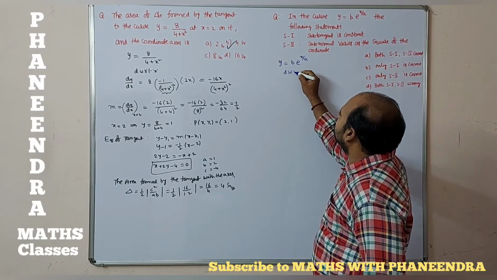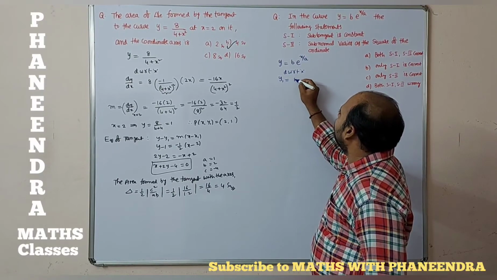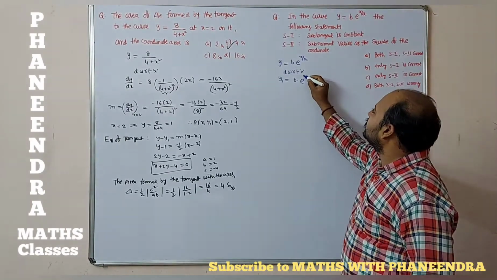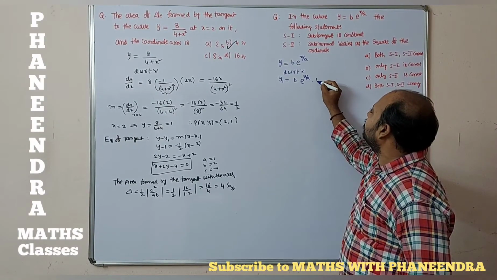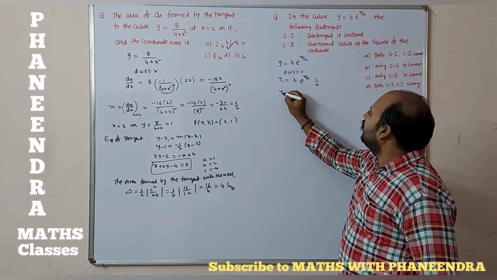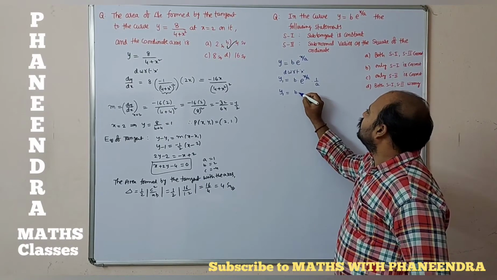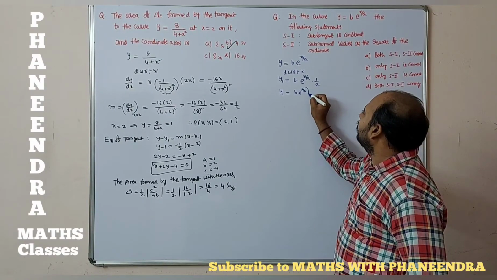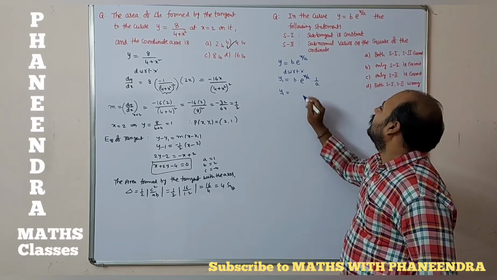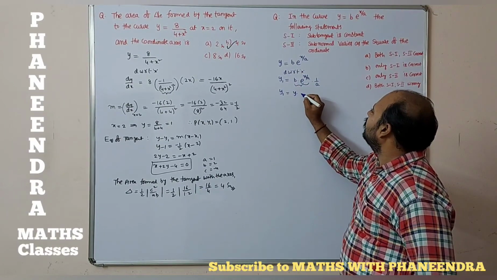Differentiate with respect to x. y1 is equal to b into e power x by a, whose derivative is e power x by a. Again, the derivative of x by a is 1 by a. So y1 equal to b into e power x by a into 1 by a. Again we write the same: b into e power x by a we can write as y now. So y into 1 by a.